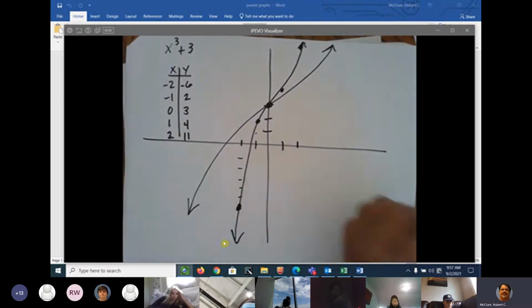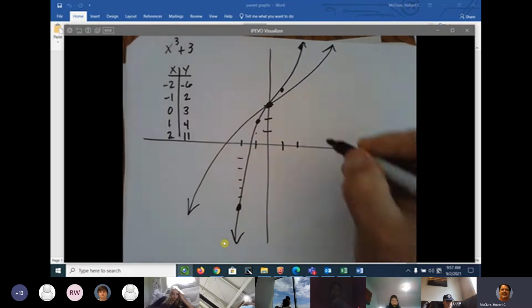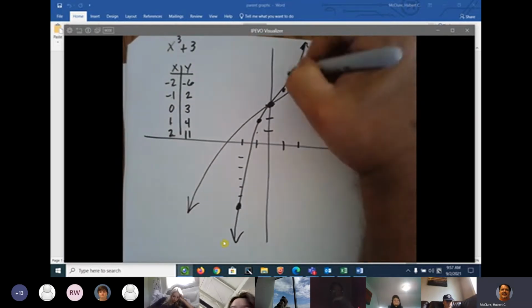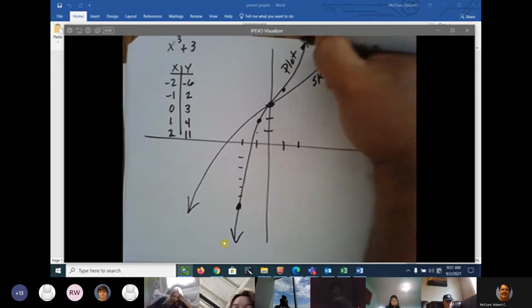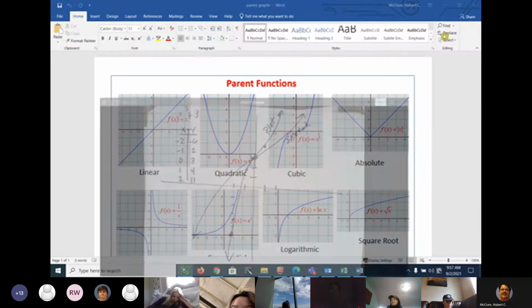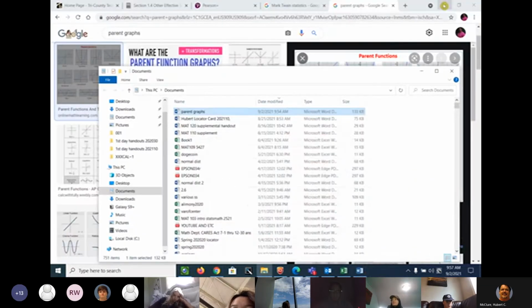And that's how you do it by hand. So you got a sketch, you got a plot, and now let's go to the handy dandy calculator.